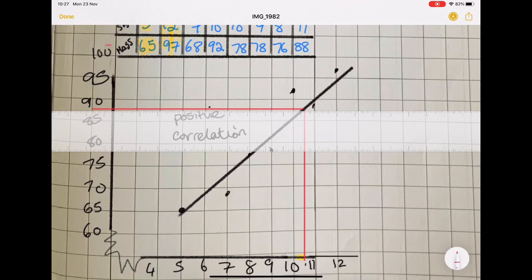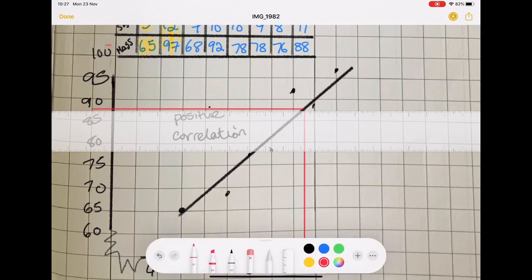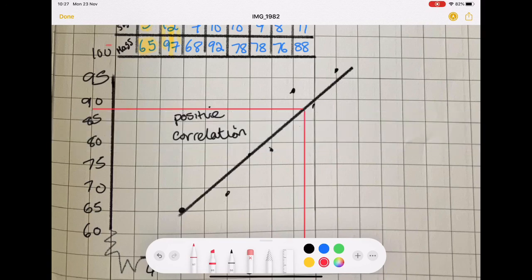Now, yours is probably far more accurately drawn than mine, because I'm drawing this on an iPad with a virtual ruler, those sorts of things. So if I was actually drawing this on real paper, I would expect that to come out at 87 kilograms. I will allow you 1 mark either way.